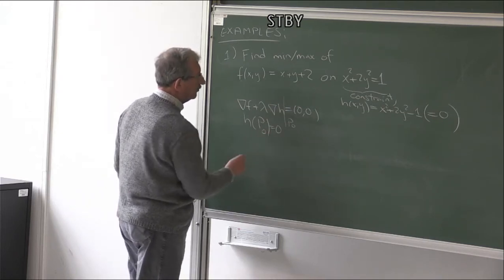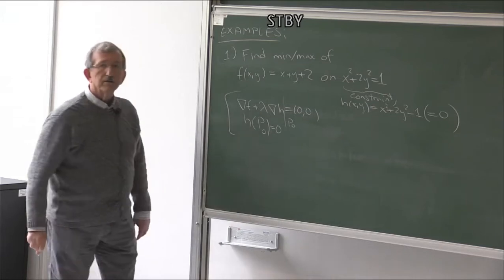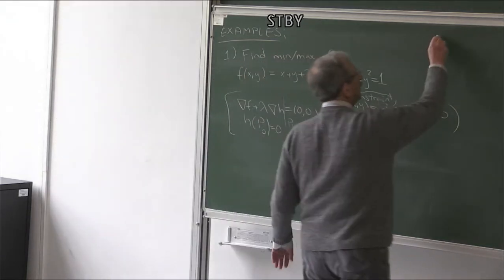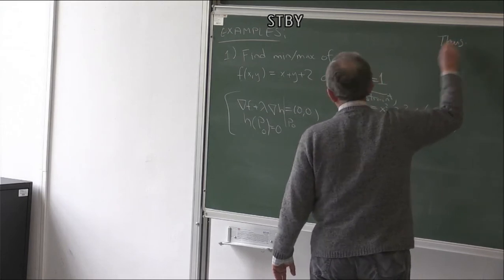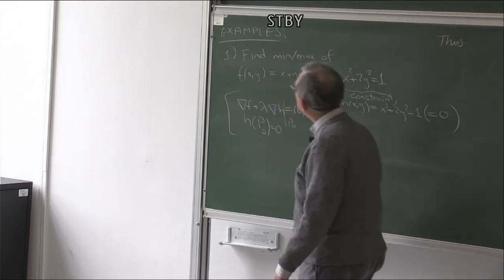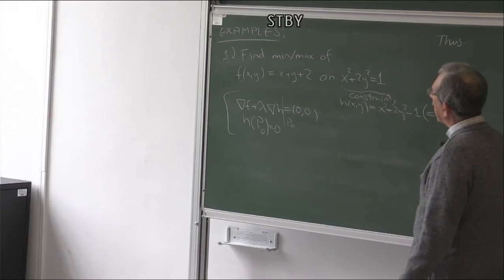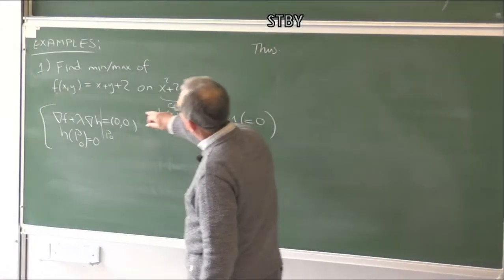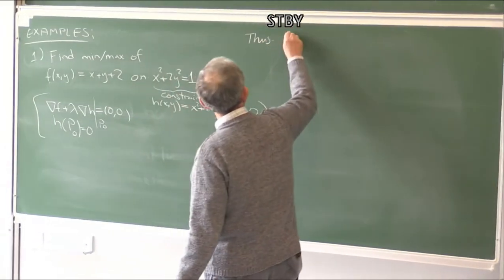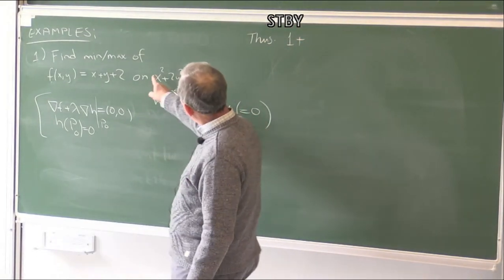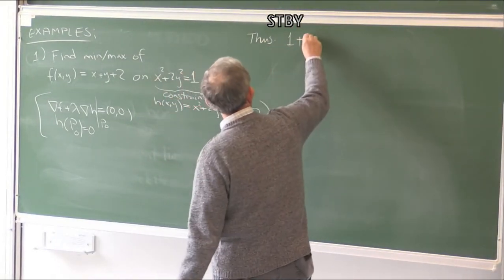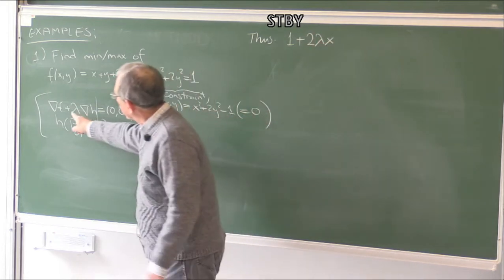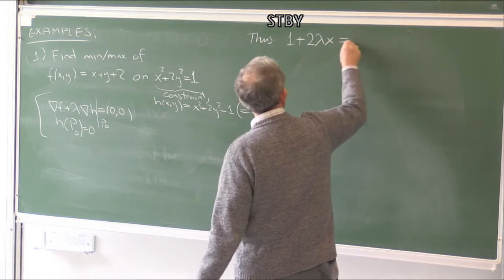Looking at the first components, this is f sub x plus lambda h sub x. f sub x is 1, plus h sub x is 2x with a lambda in front, and that will be 0.